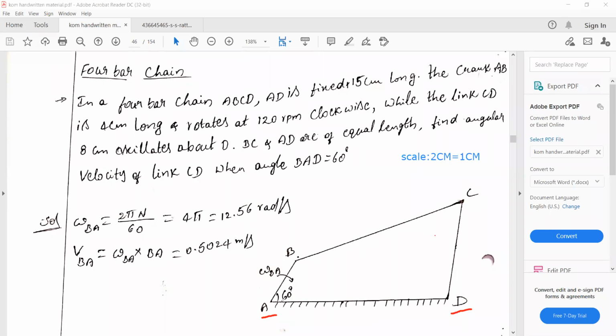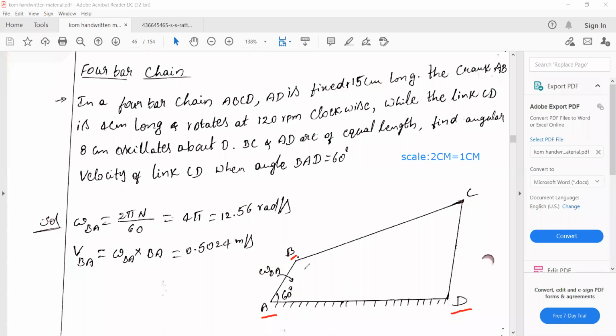Take the protractor and place the 60 degrees inclination with a length of 2 centimeter. Why? Because the scale is already there, so the actual crank length is 4 centimeter, and now you draw 2 centimeter length. Now you get the point B.